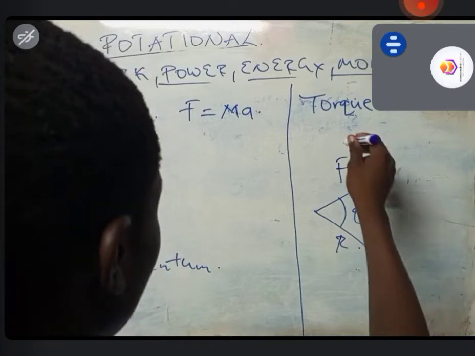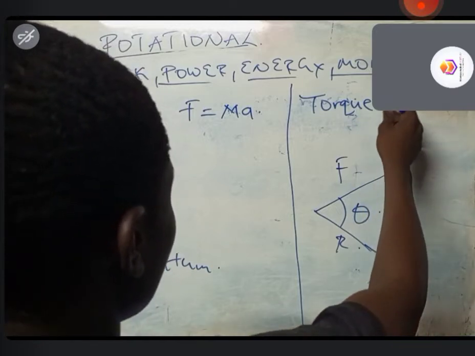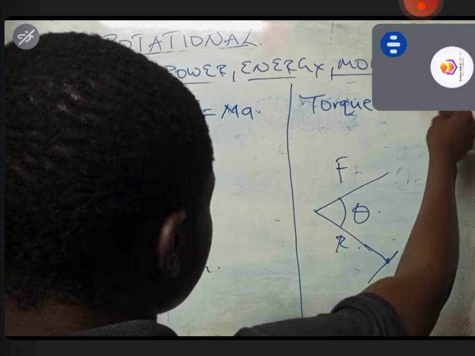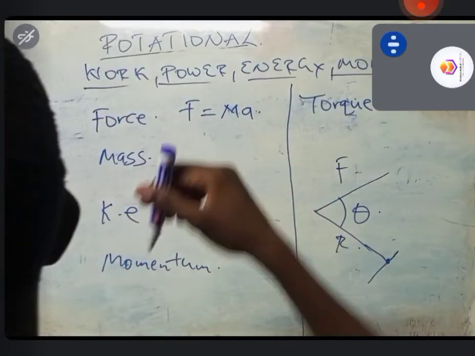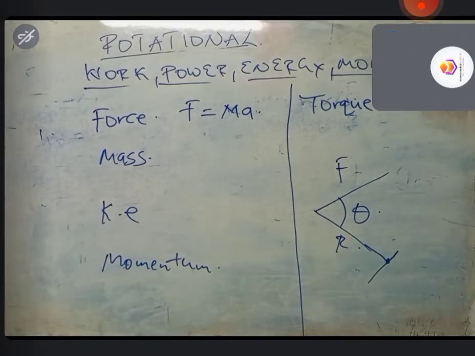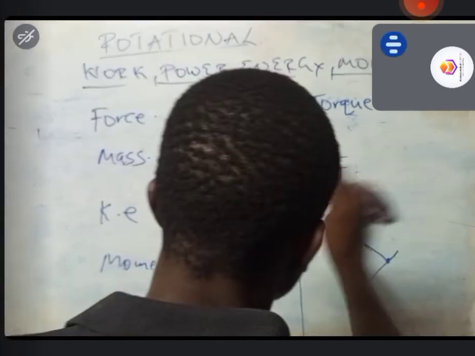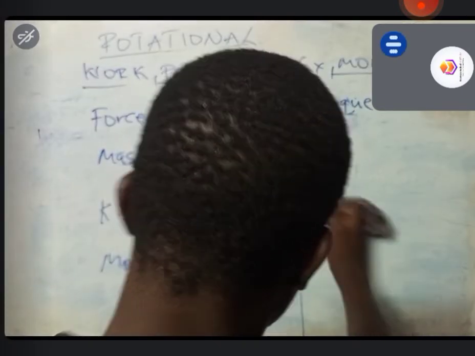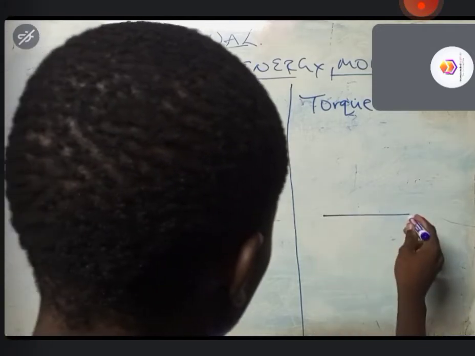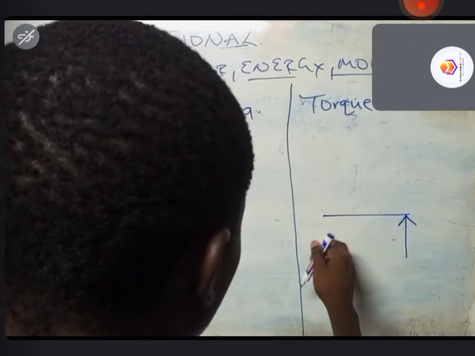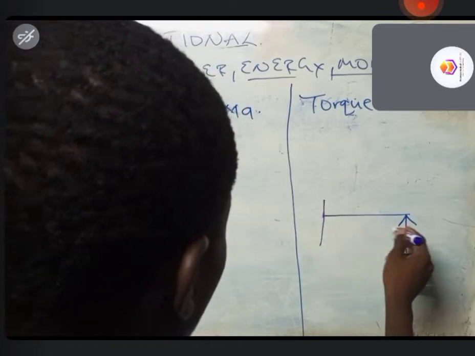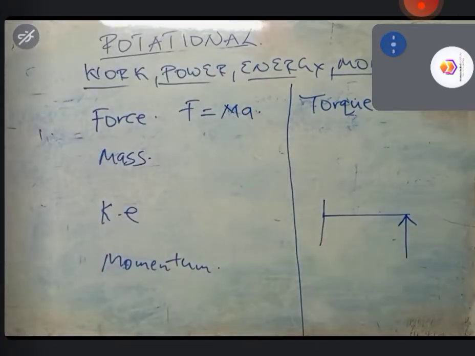So torque we know is given by the product of what? Force, radius, and sine of the angle, right? The angle made between the force and the pivot of the hinges. Usually we want to determine torque where it is 90 degrees like this. When it's perpendicular, the formula just reduces to the product of force and radius.